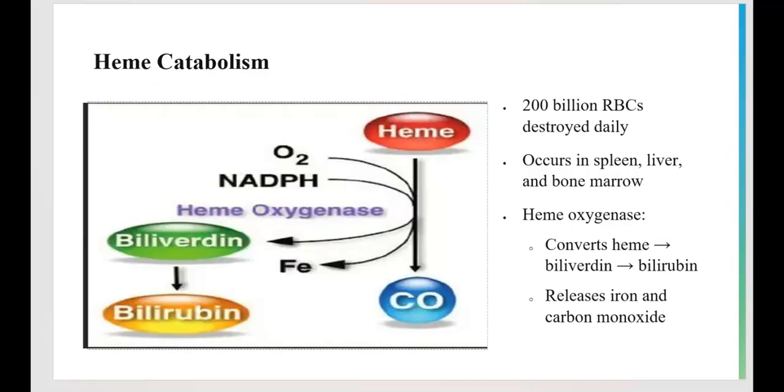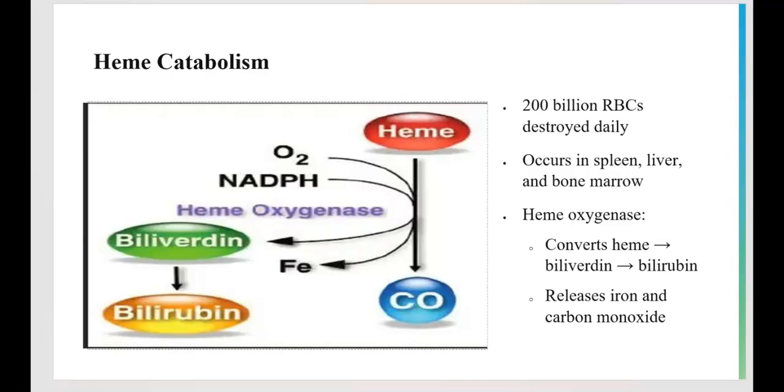The heme catabolism, the breakdown of heme. About 200 billion erythrocytes break down every day, where the iron-free porphyrin portion of heme is degraded. It mainly occurs in the reticuloendothelial cells of the liver, the spleen, and the bone marrow.